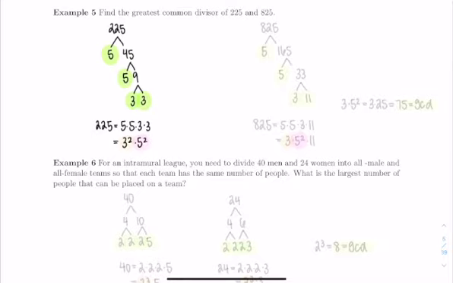Let's go ahead and do the same thing for 825. 825 can be broken down as 5 and 165. 165 can be broken down as 5 and 33.